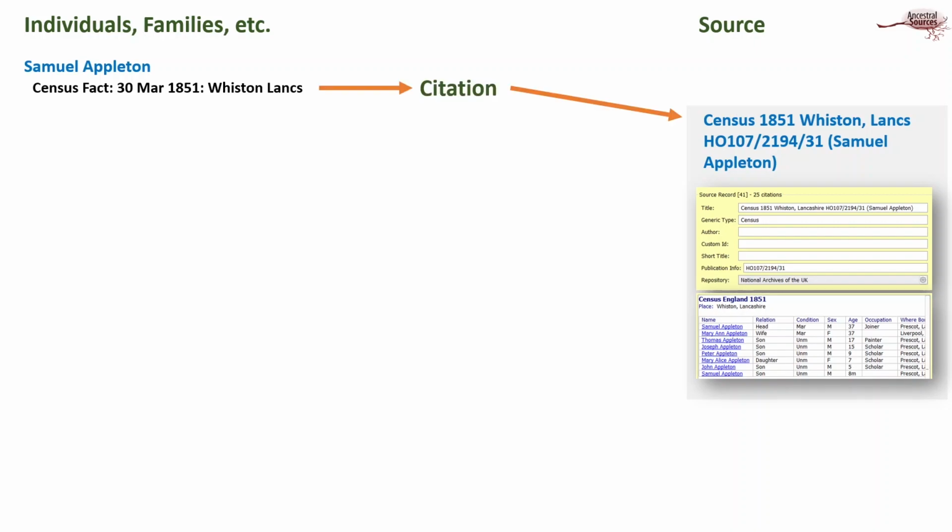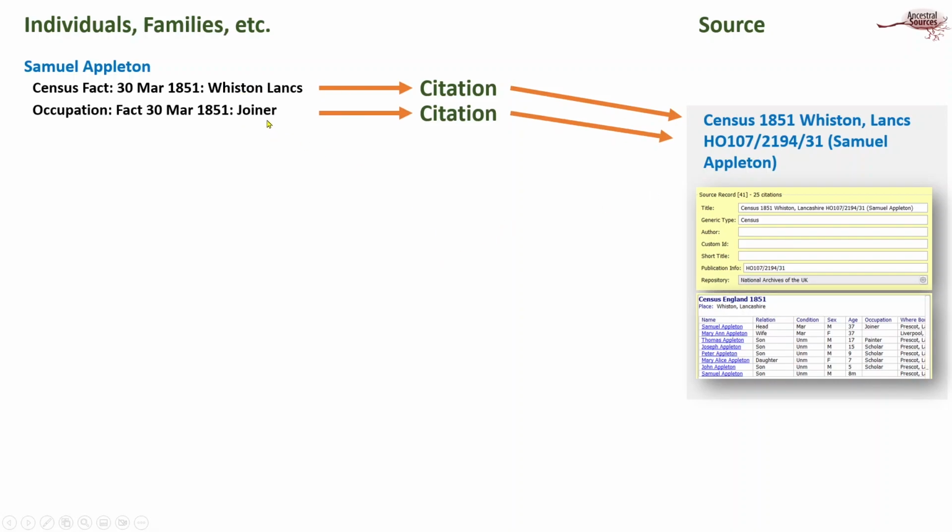The link back between the information we record and a source is called a citation. So the citation identifies the source of the information that we're recording. The source of the census fact we've just created is this Wiston source over here, and so the citation is just the link between the information we record and the source.